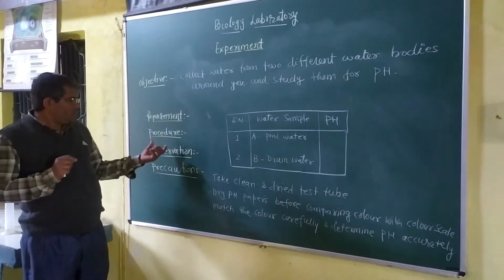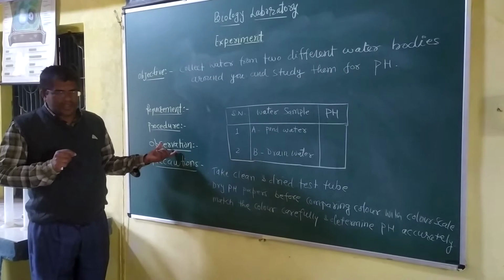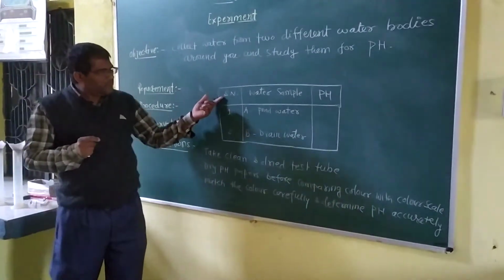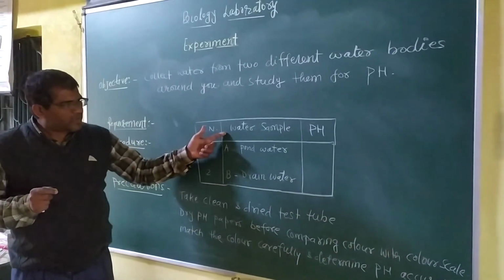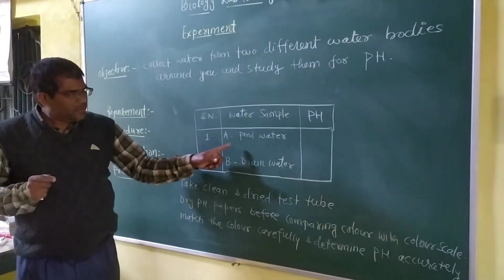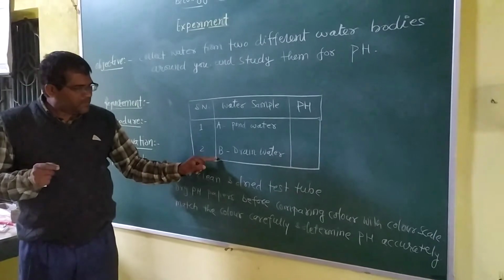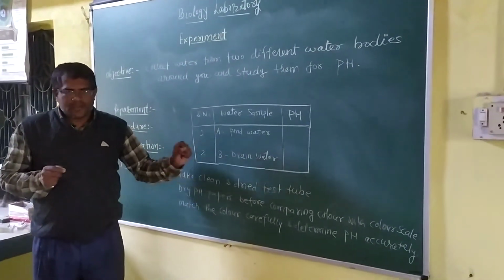Now we have to prepare the observation, and for this we make a table with columns. Serial number 1 and 2. Water sample: sample A is from pond water and sample B is from the drain water.